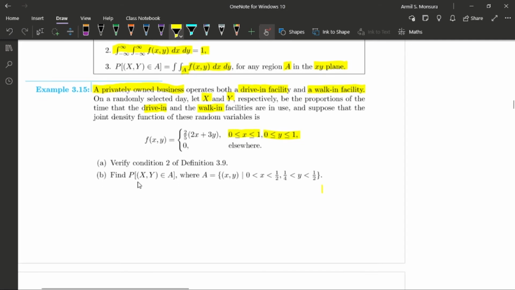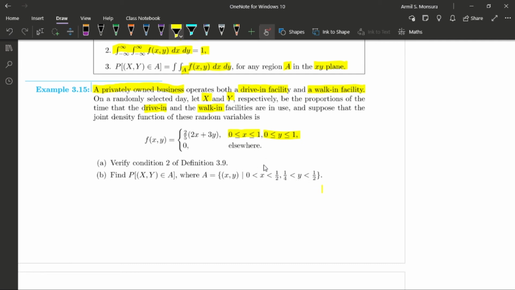And second is to find the probability of x and y being within the region A, where A is the set of numbers x and y, where x is between 0 and 1/2, and y is between 1/4 and 1/2.